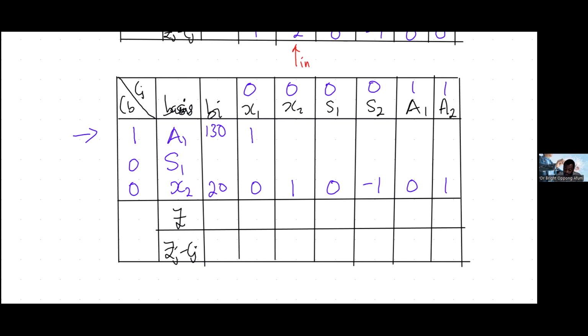This one will be 1. This one will be 0, 0. Remember the pivot column, only this will be 1, the rest are supposed to be 0, right? So it comes with practice. S1, when you compute, you get 0. I have 1, and I have -1 here.